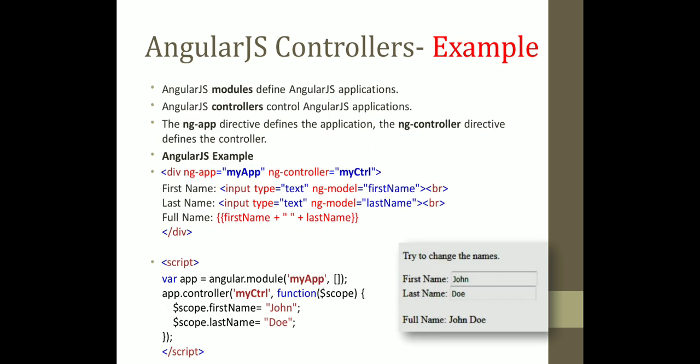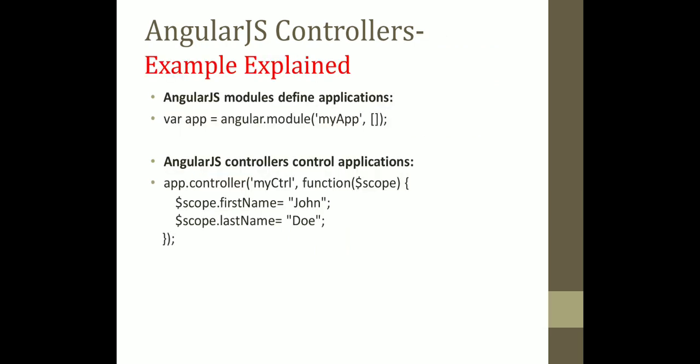The expression has first name and last name, and we have used the expression as a string. Then after creating the module, we have added a controller function using the controller method, app.controller, that is also shown here.